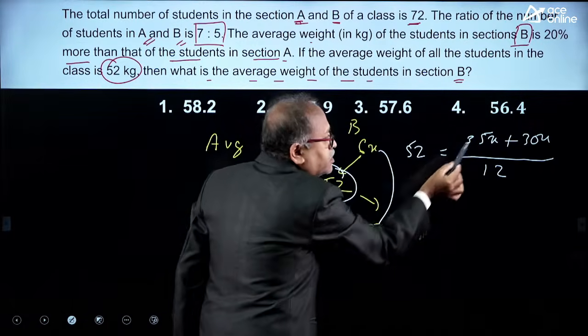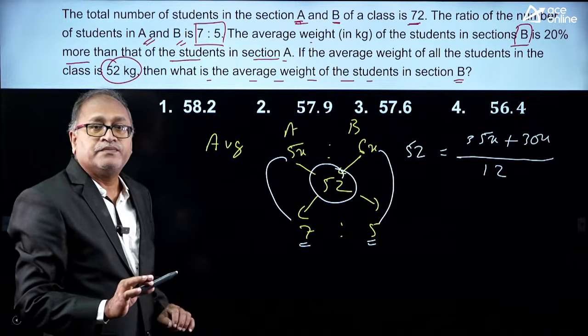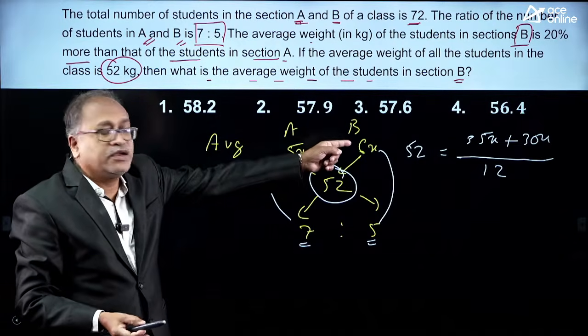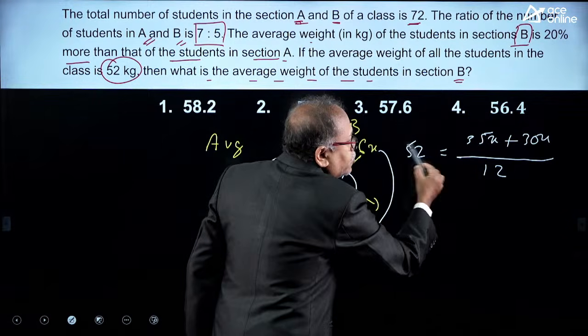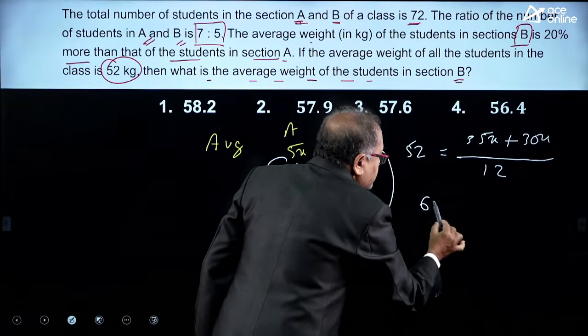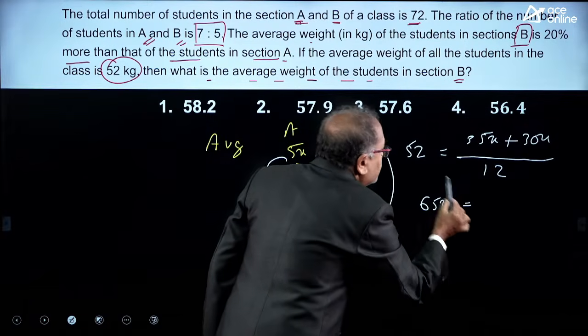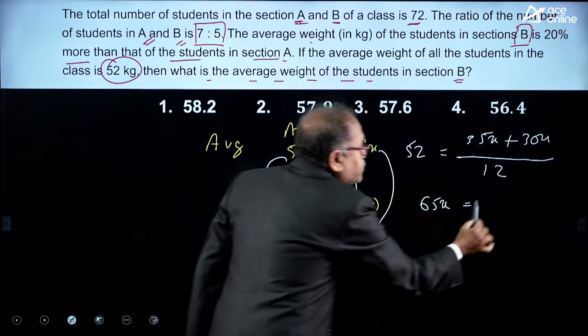Hope you understood up to this. The moment you understood, you are getting the x value. So what is this part? That is 65x. 65x is equal to 52 into 12.